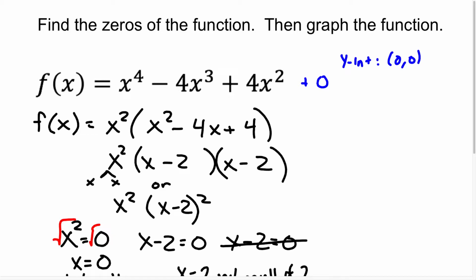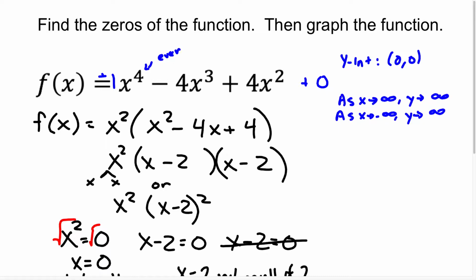And then just like we did in our warm-up, what's our end behavior? As x approaches positive infinity, what's y doing? It's going to positive infinity because it has a positive 1 in front. And on the left side, as x approaches negative infinity, what's your y doing? Also going to positive infinity because even degree means it's the same.